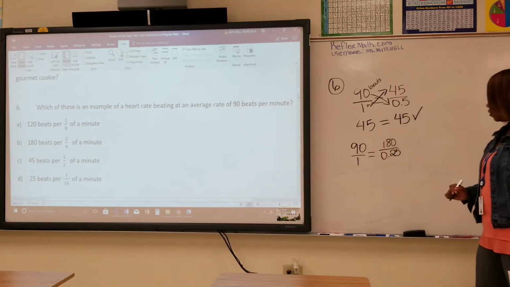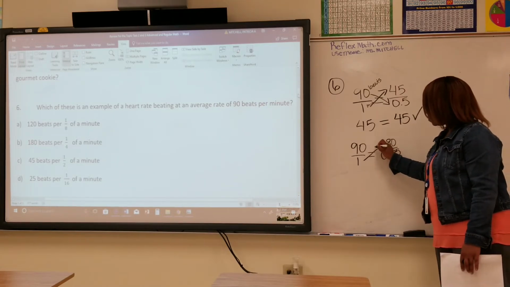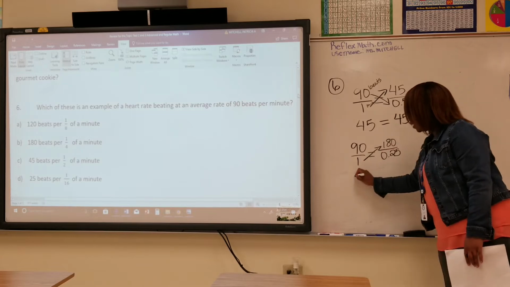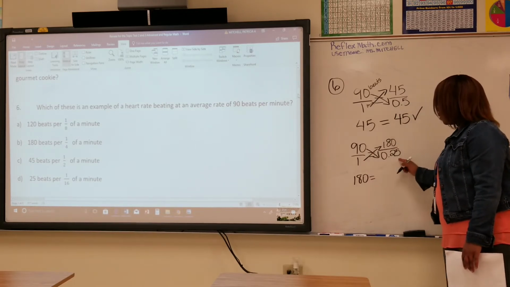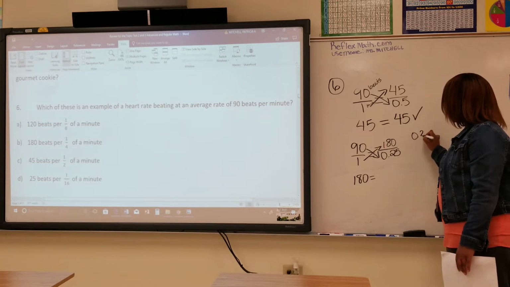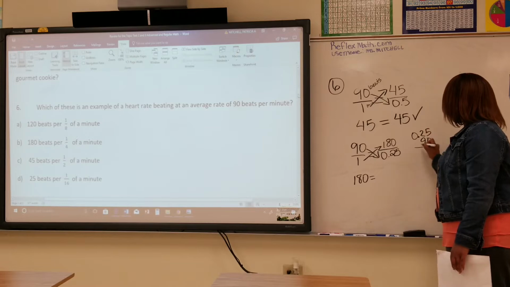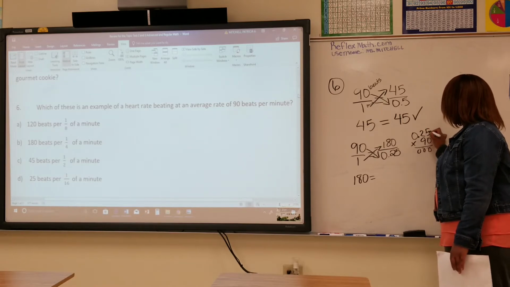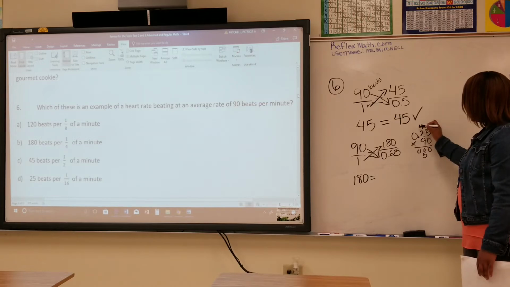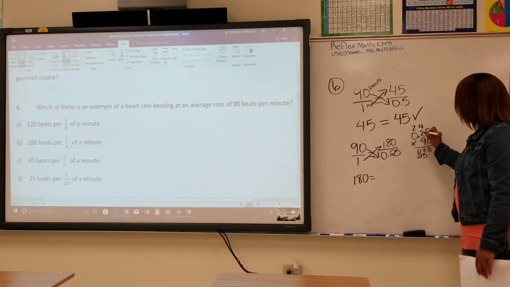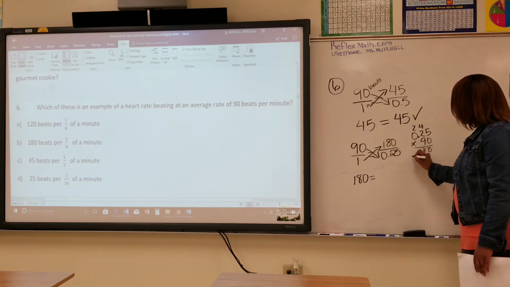When we cross multiply, 1 times 180 gives us 180. 90 times 0.25, 0.25 and 90. 9 times 5 is 45. 4 goes up here. 9 times 2 is 18, plus 4 is 22. 9 times 0 is 0, plus 2.